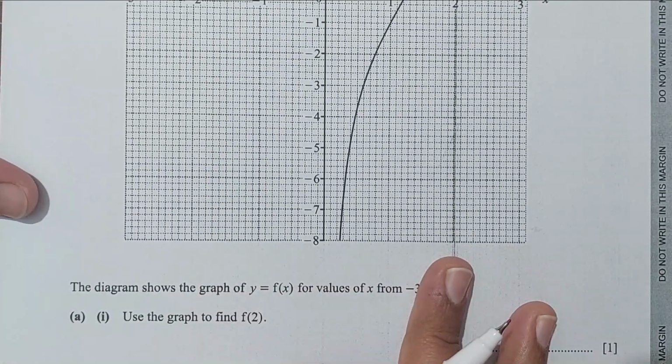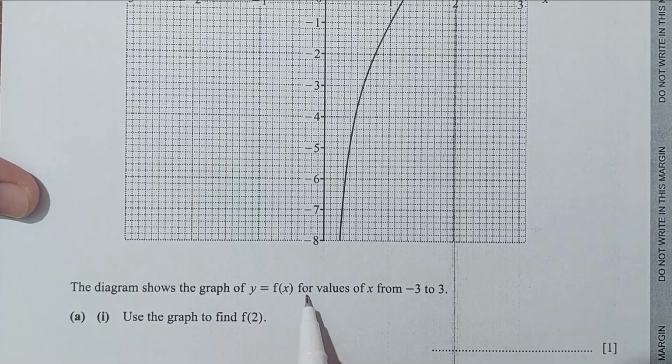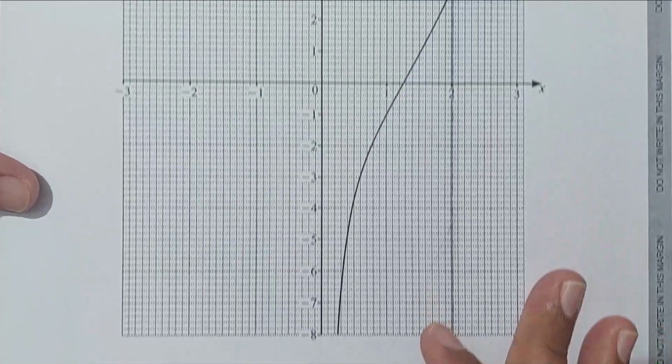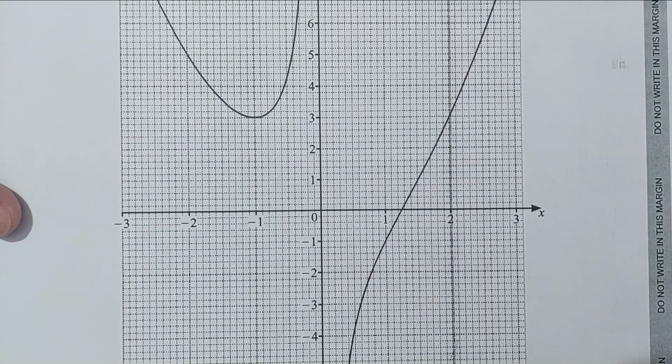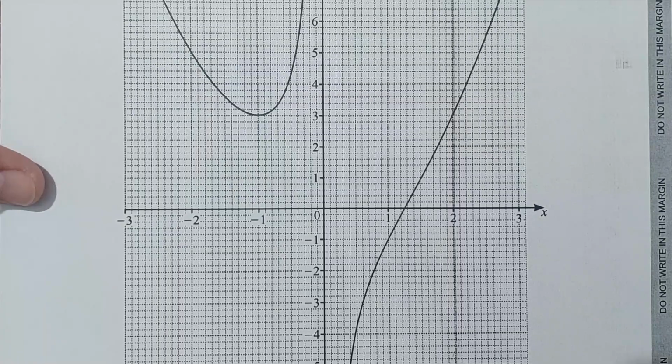The diagram shows the graph of y equals f of x for the values of x from minus 3 to plus 3. Part A, 1. Use the graph to find f of 2. What is f of 2, when x equals 2?